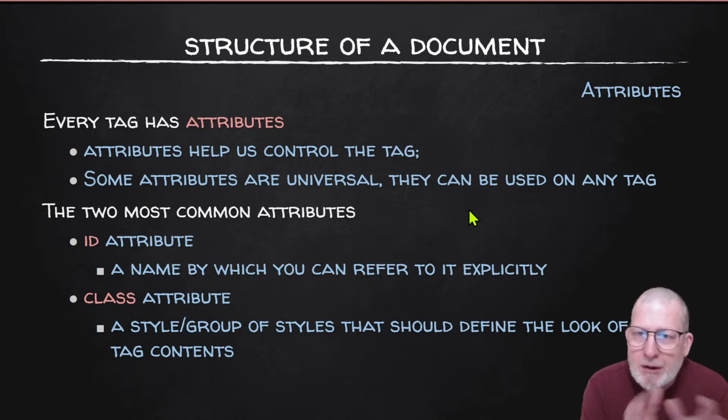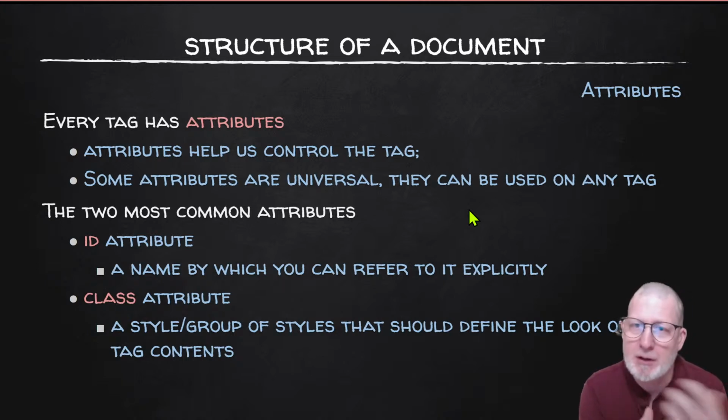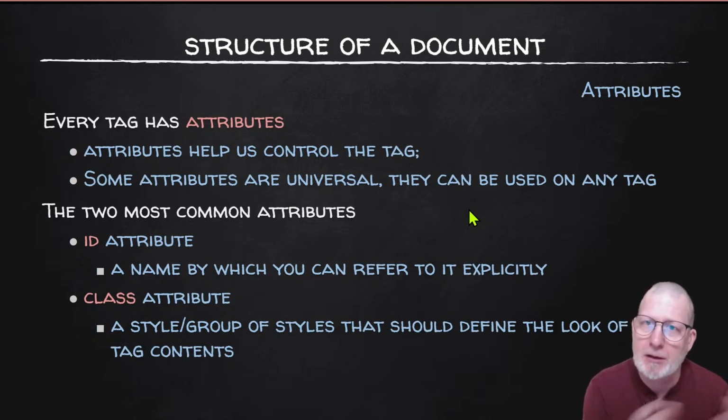We can use the different attributes on each individual tag to help us define our HTML page, to help identify different sections, and eventually to help us attach different bits of information or styles to each individual element. And it's when we start attaching the styles that we start to get the look and feel we're looking for.